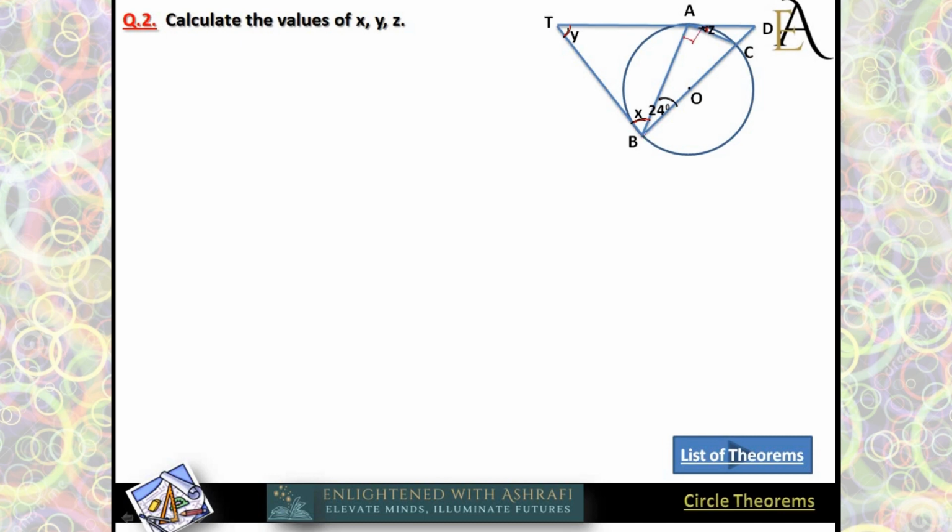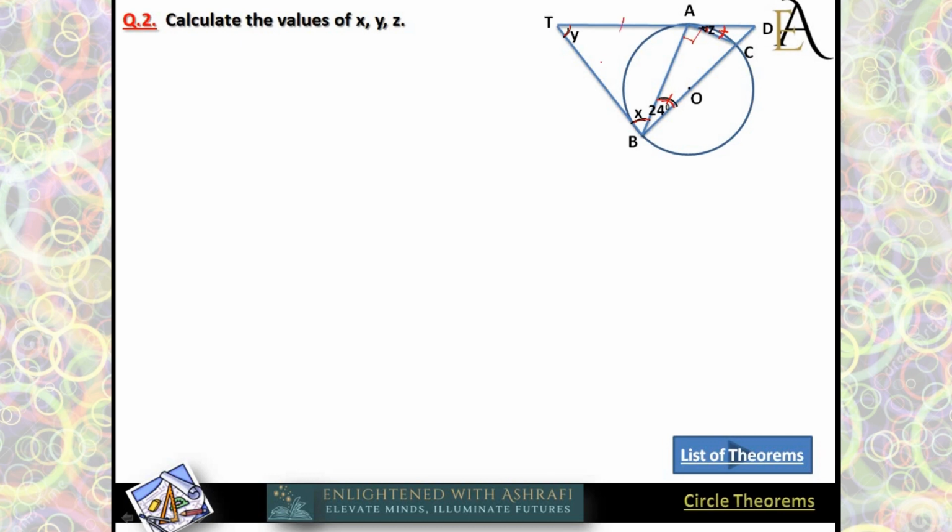Then if ABC is a cyclic triangle and this is a tangent TA, then this angle will be equal to this angle by alternate segment theorem.